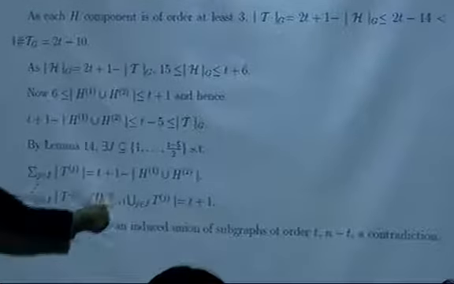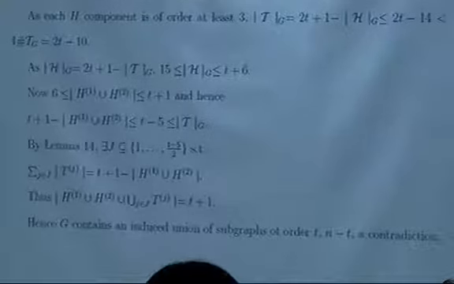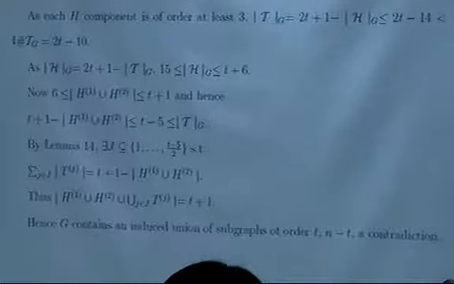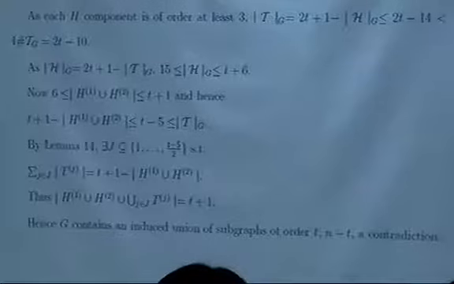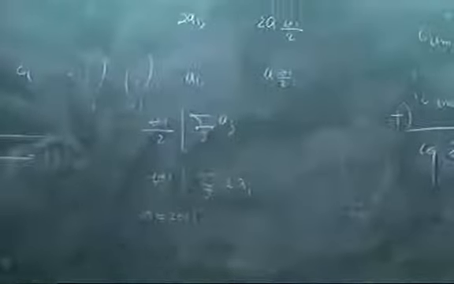Then if you unionize these components, that will make a part of order t plus 1. So again, you have these kinds of things, so you'll get a contradiction.